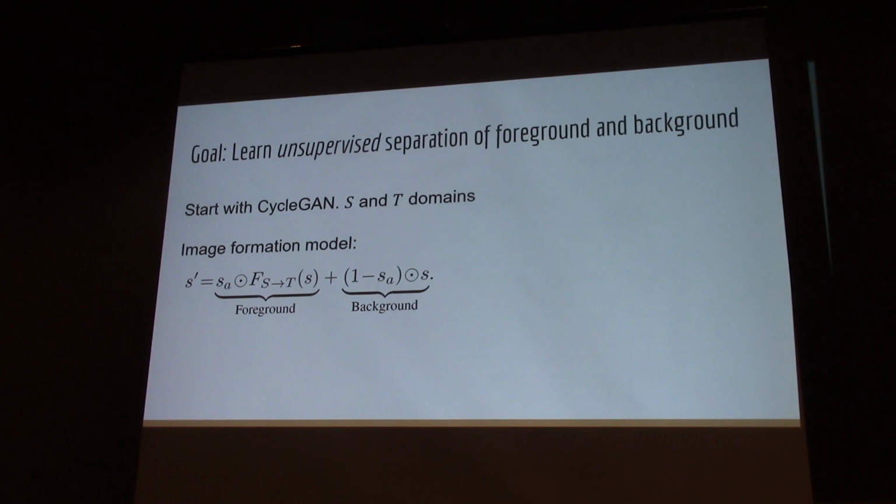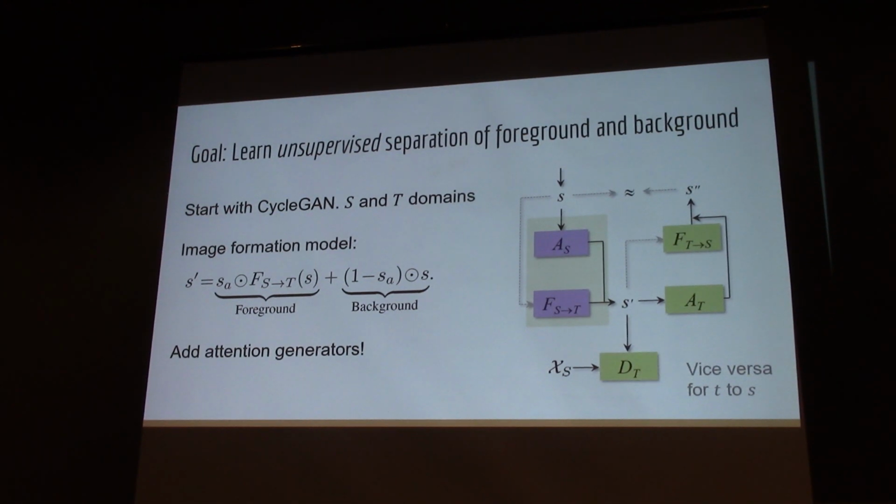Okay, this mask is S_A, and we get the two components by the element-wise product of the mask by the translation from source to target of our image S, plus the untranslated background region modulated by one minus this mask. So how are we going to do this? We need to generate this map S_A, which is what you saw on the previous slide.